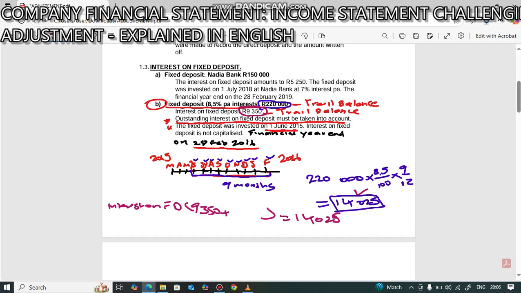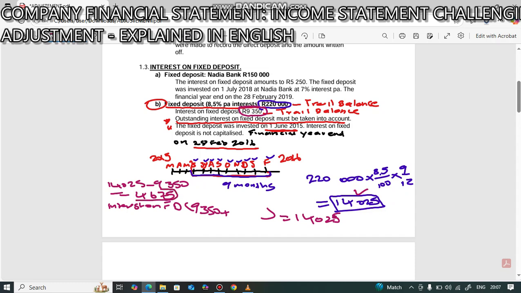So we say 14,025 rand, subtract the amount that was received during the financial year so that we can get the outstanding amount. So we say minus 9,050. The outstanding interest is 4,675.